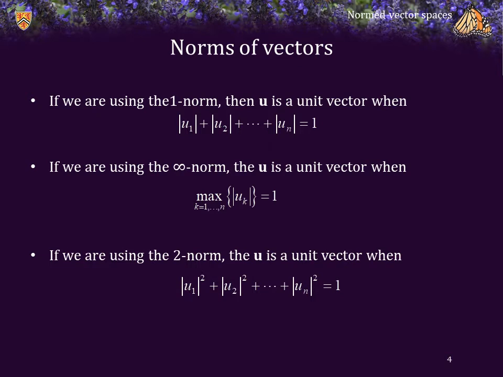Finally, if we're using the 2 norm, u is a unit vector if the sum of the squares of the absolute values of the entries is equal to 1. We don't really need the square root here anymore because the square root of 1 is 1.